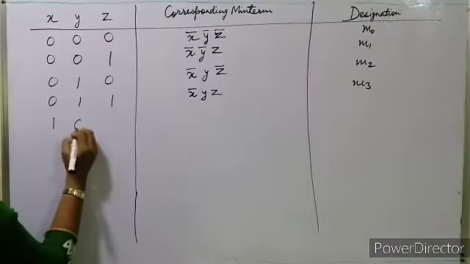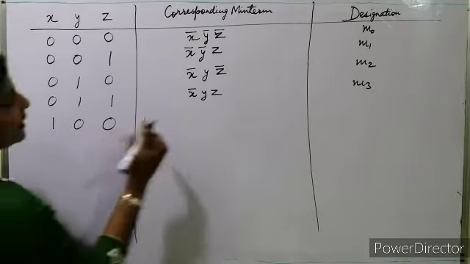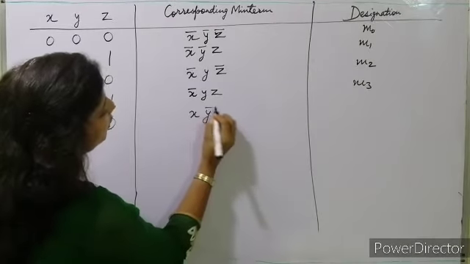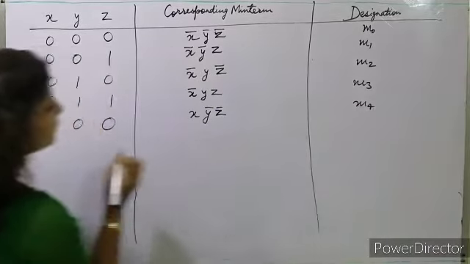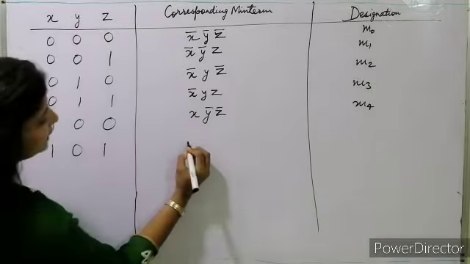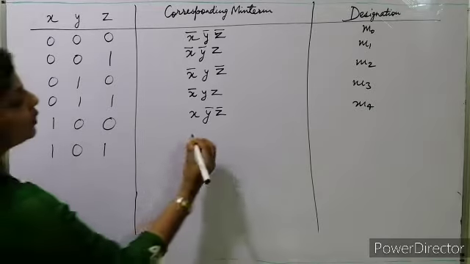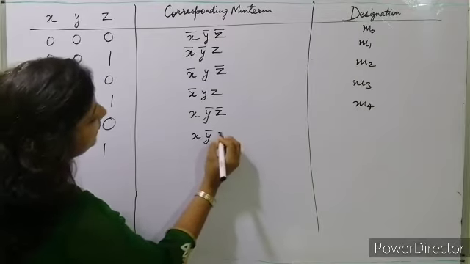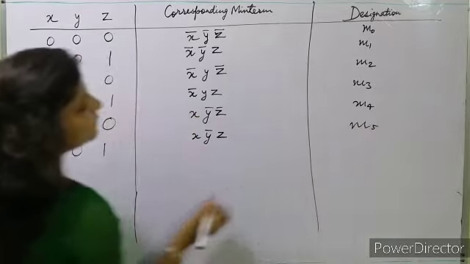Now 1 0 0: x will be there, and complement of y, complement of z. This is 4, m4. Now 1 0 1 is 5: x, complement of y, and z. This is m5.